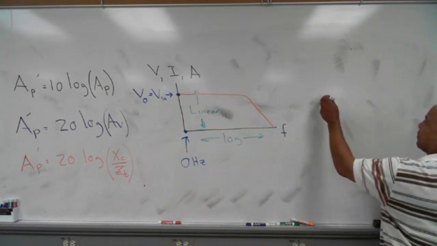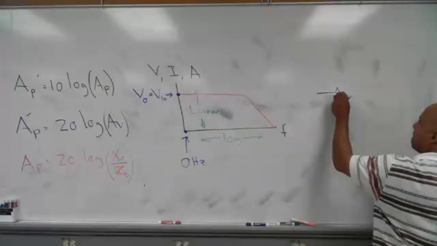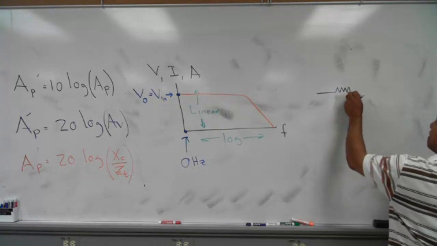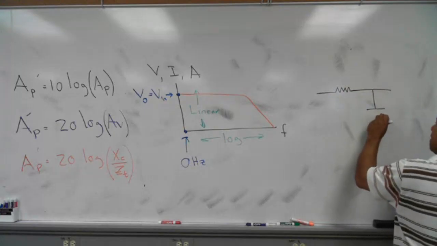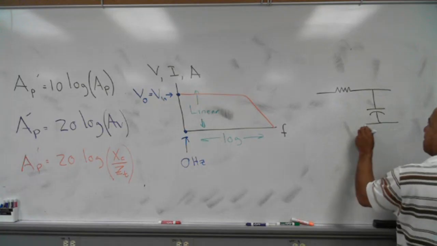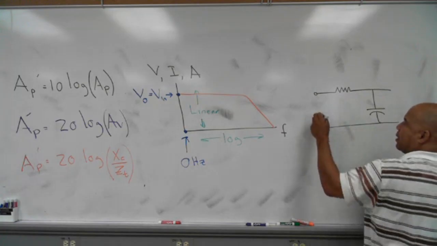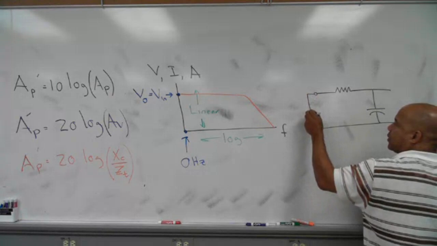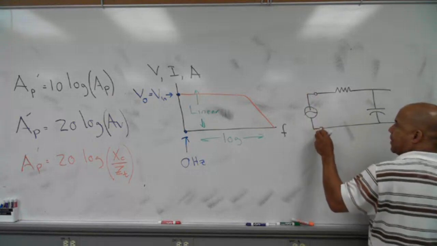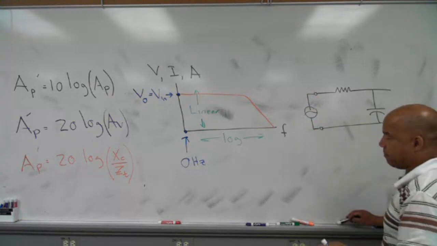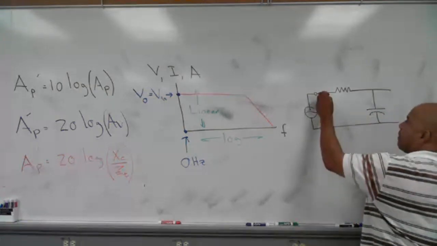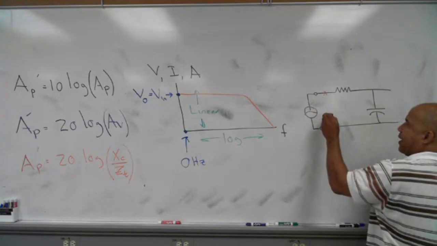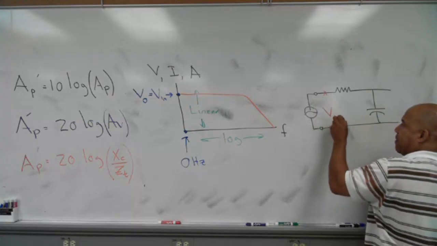if I had the filter, and let's say I hook up a voltage source. So if I measure from this point right here to that point right there, that's VN.